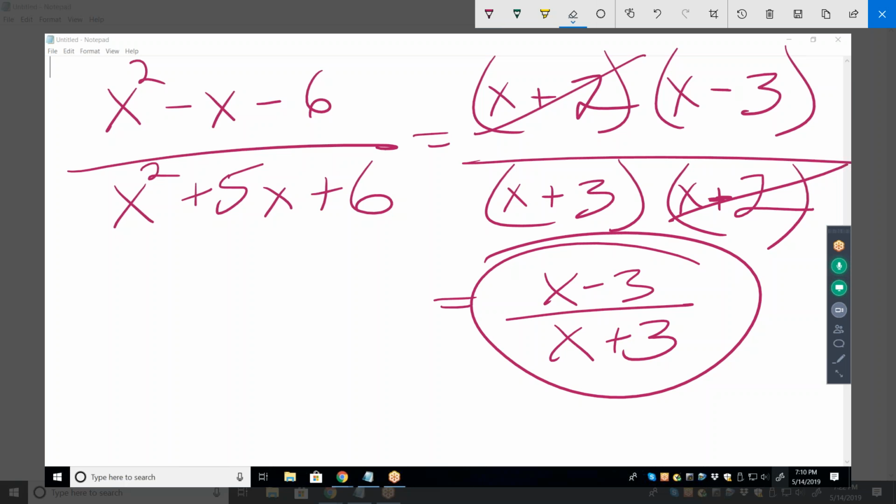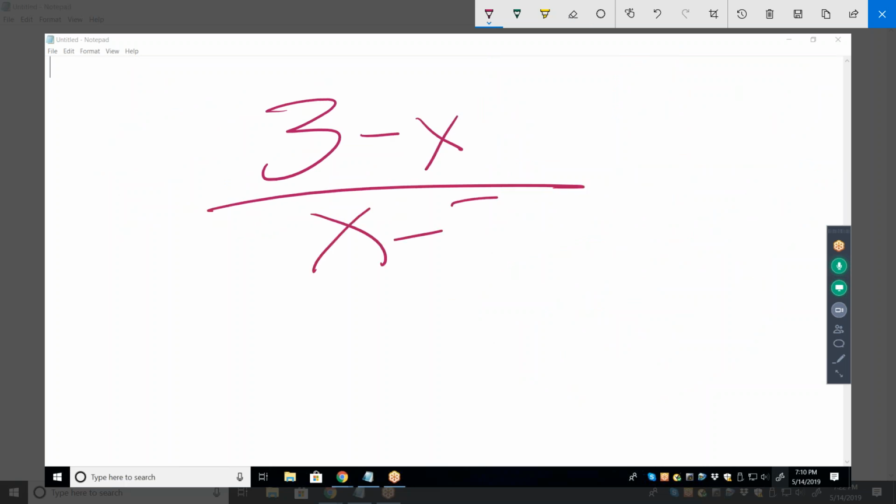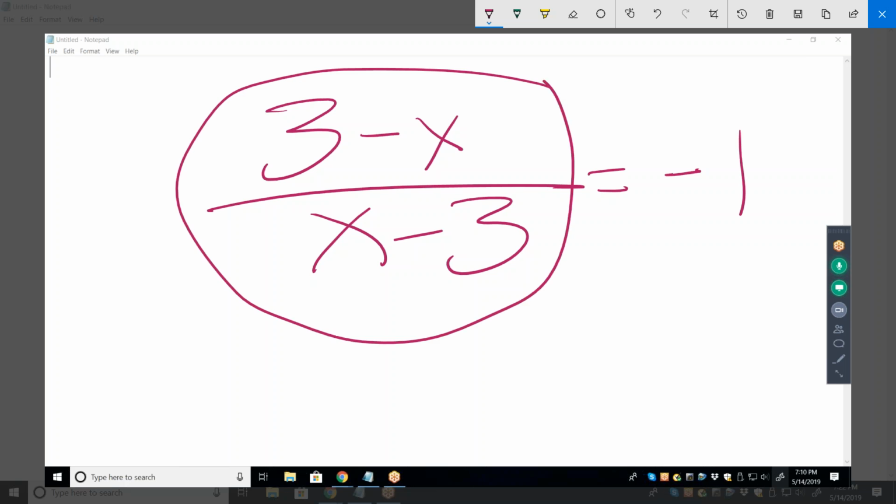Now, let me just tell you one thing in case we don't see this problem. What's that equal to? -1. It's the only time that you can cancel them out when they're not identical: if you happen to have a minus b divided by b minus a.